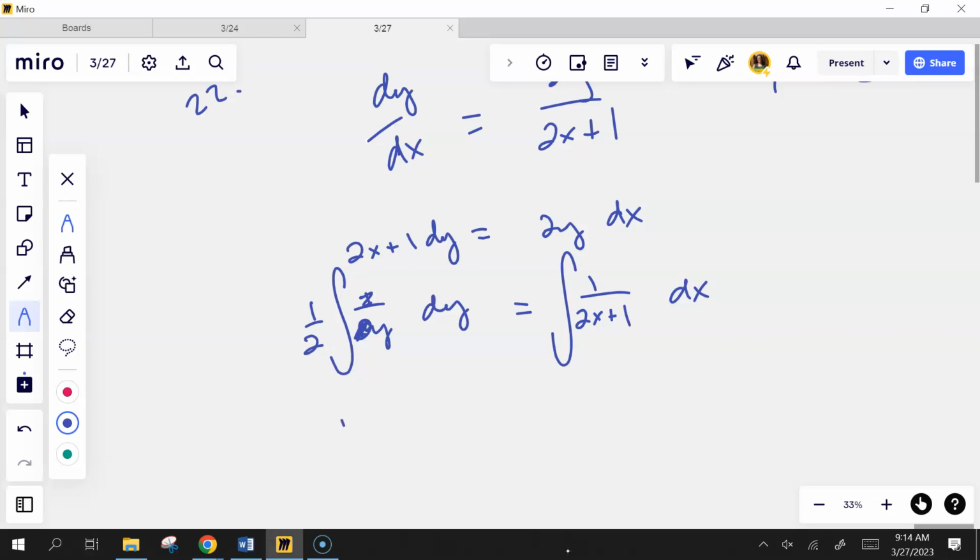So this is 1/2 log y. If u is 2x plus 1, du is 2 dx, so I do need a 1/2 out here, log 2x plus 1 plus.